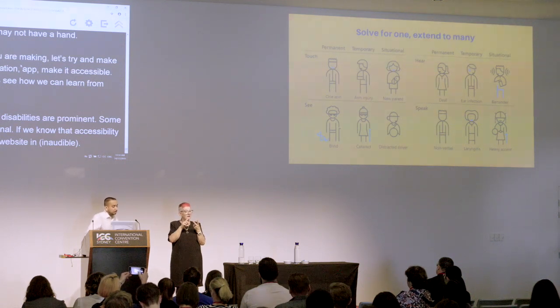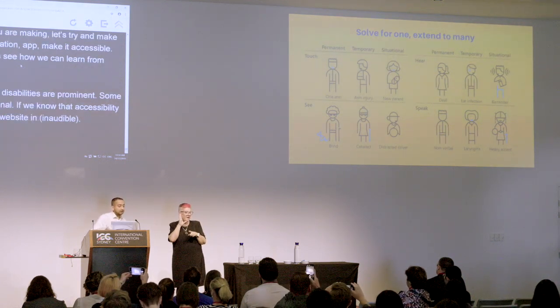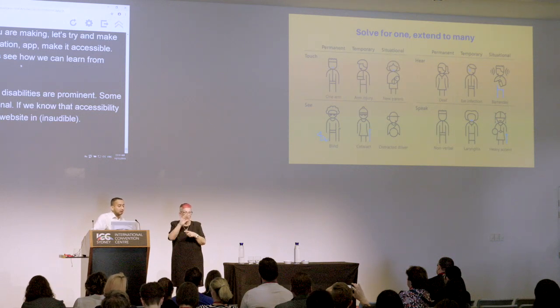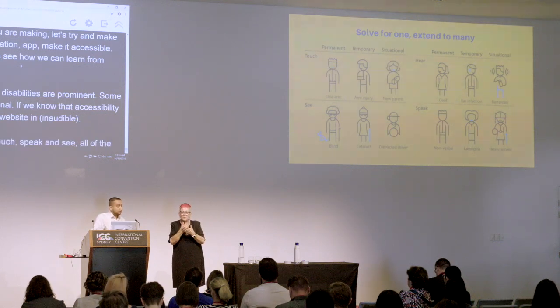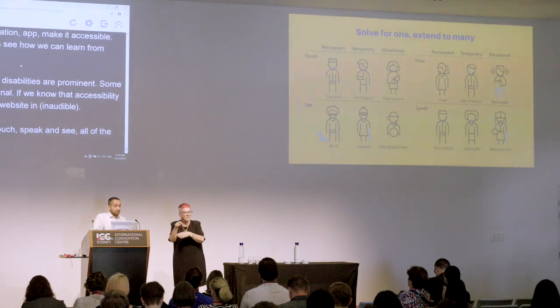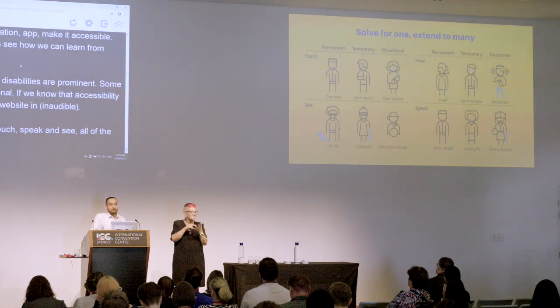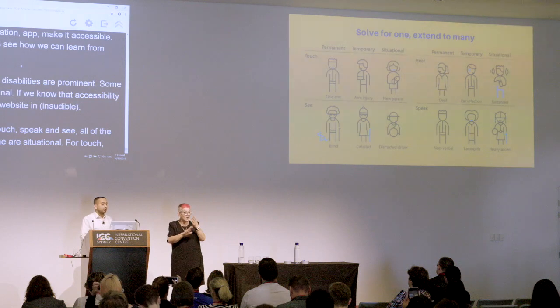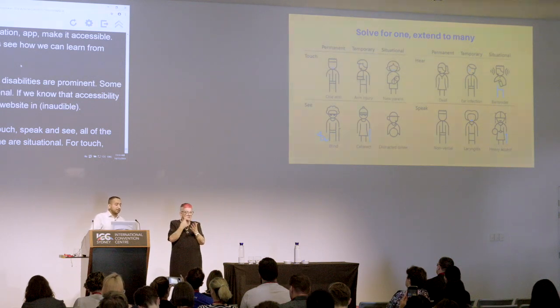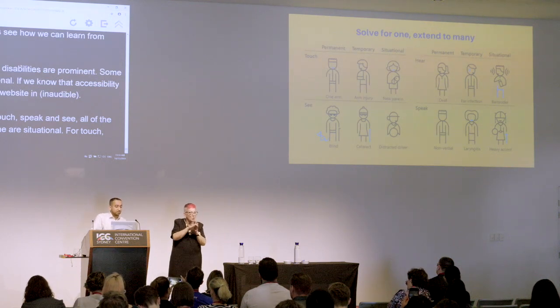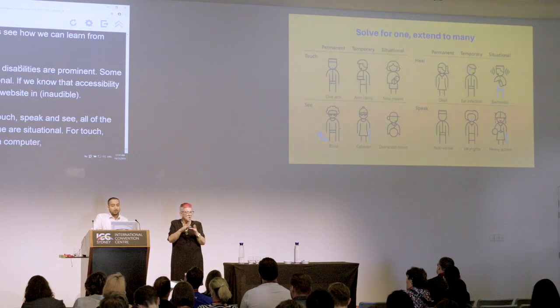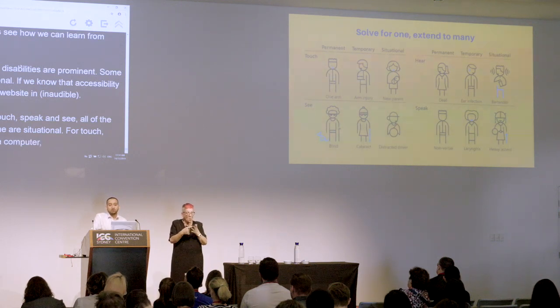For touch, speak and see, we can see that not all accessibility issues are permanent; some are situational. For example, for touch, a new parent may find it difficult to use a computer or your website. Someone may have an arm injury and can't touch it. Or someone does not have a hand and has no option to touch the application.